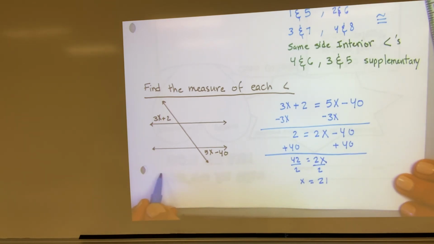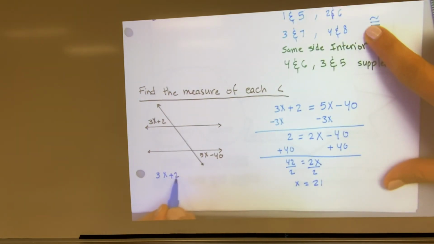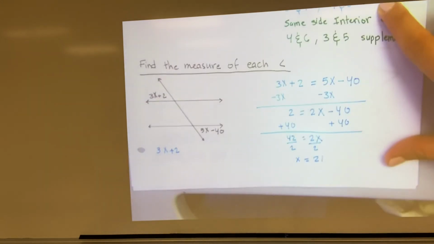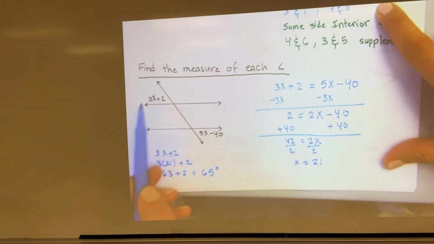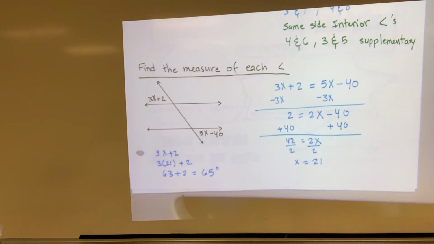So the first one is 3x plus 2, and I know that x is 21, so I'll say 3 times 21 plus 2, that's 63 plus 2 and 65 degrees. So this angle is 65 degrees, and of course this angle will be the same measure, 65 degrees as well.